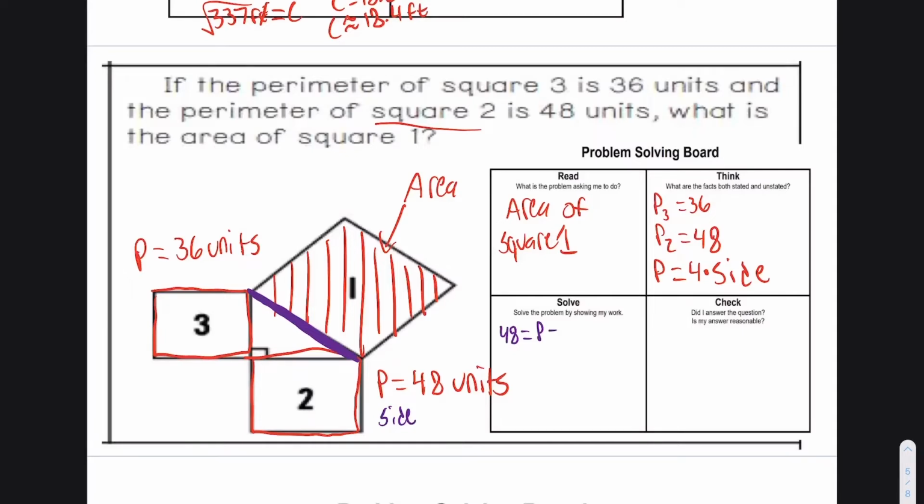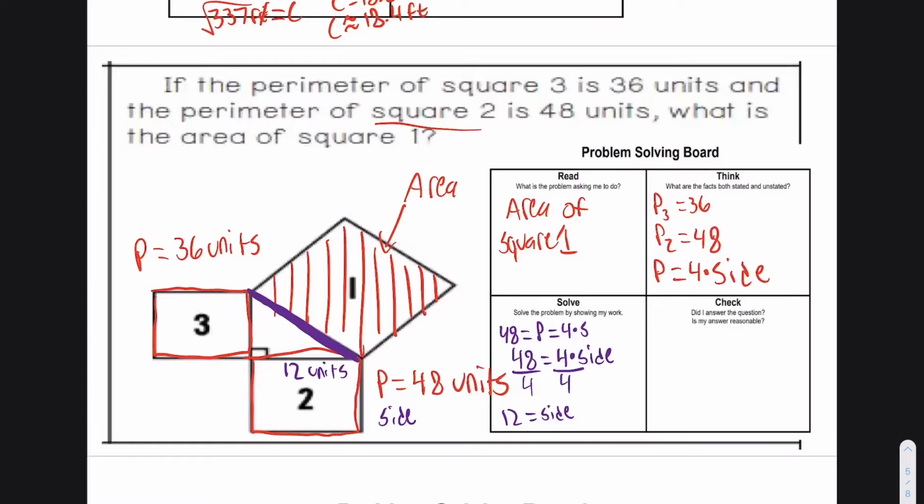The perimeter of the square uses the formula 4 times the side. That means 48 is equal to 4 times the side. So let's just divide both sides by 4 to get that the side is going to be equal to 12. And that's for square 2. This one's going to be 12 units.